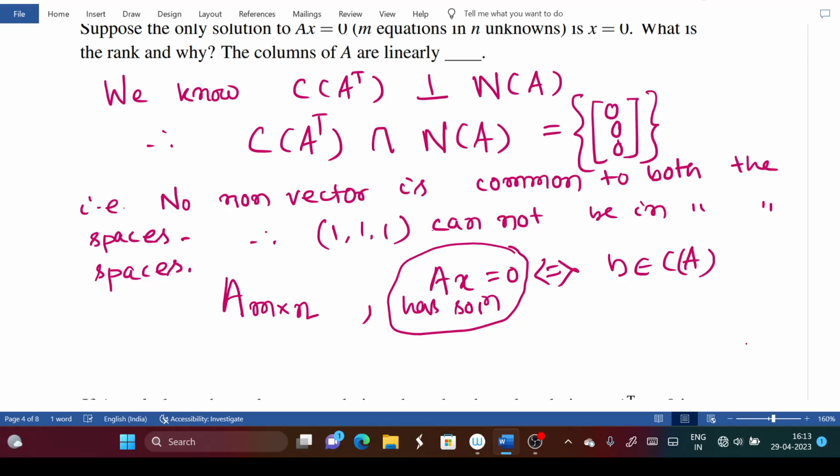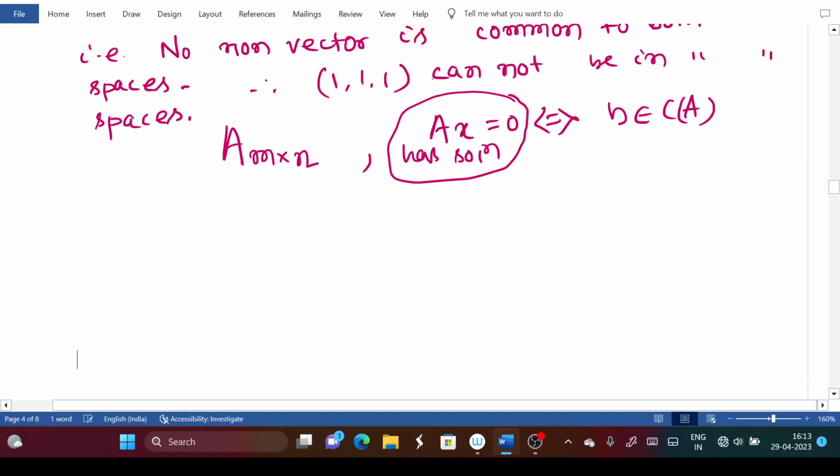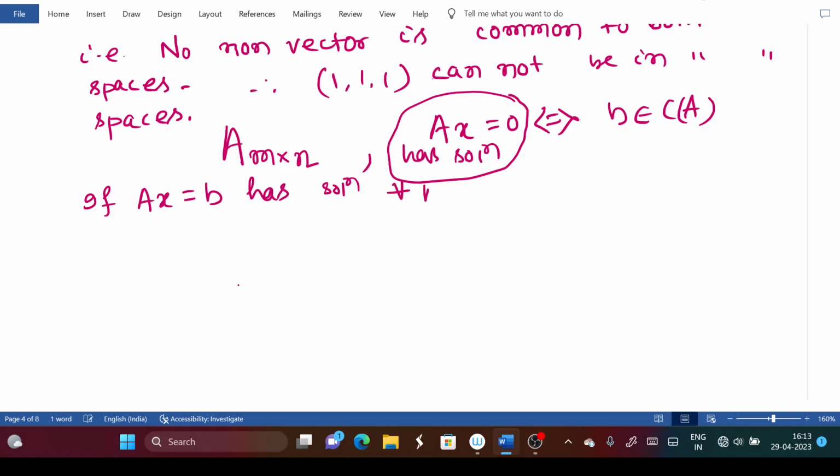Now, if Ax is equal to B has a solution for all B, this implies B belongs to C of A for all B belonging to R to the power m.